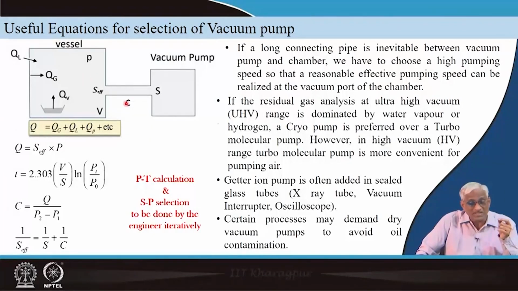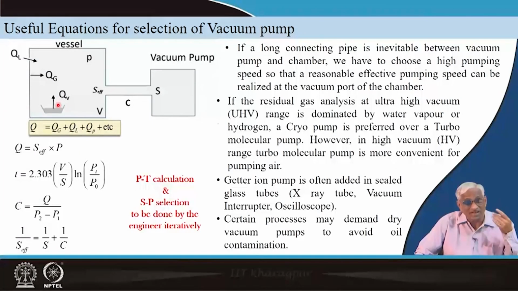Do not underestimate this C. This will be few crores, this will be few crores, but this may be few thousands, enough to spoil all this. And everything is very good, properly optimized, there may be some degassing or leak or unnecessary evaporation.